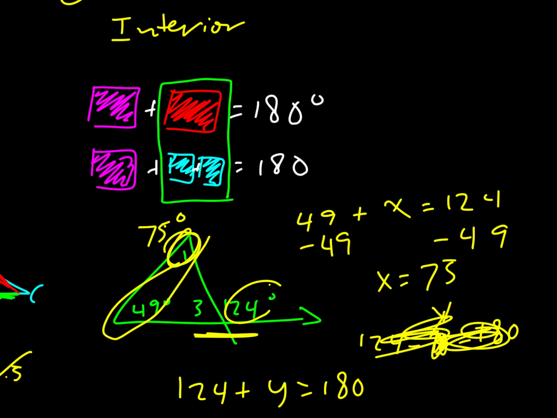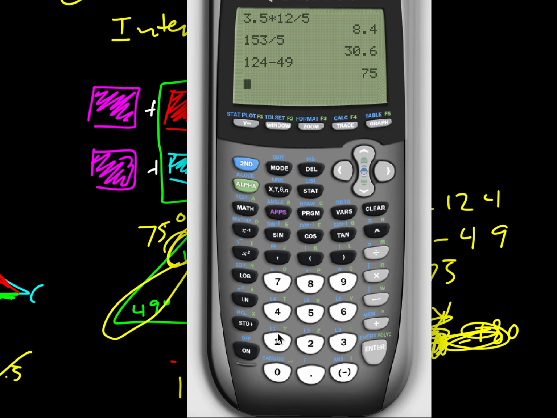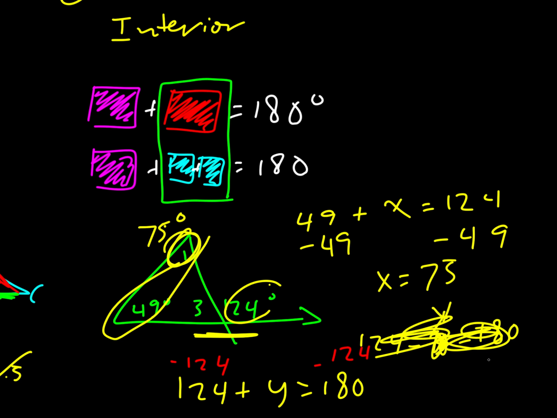Yeah, that other statement was just wrong. So we subtract 124 from both of these, and we say 180 minus 124 is equal to 56. Y equals 56, and so angle 3 is 56 degrees. Okay.